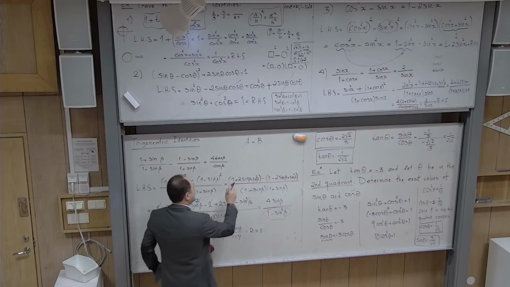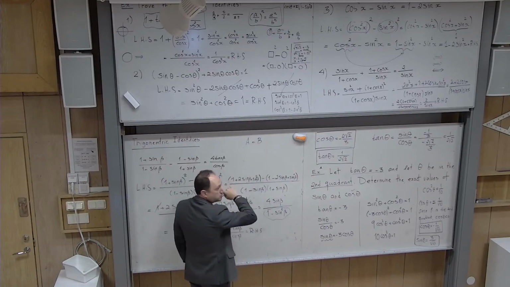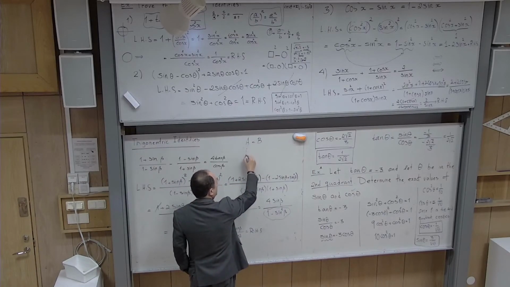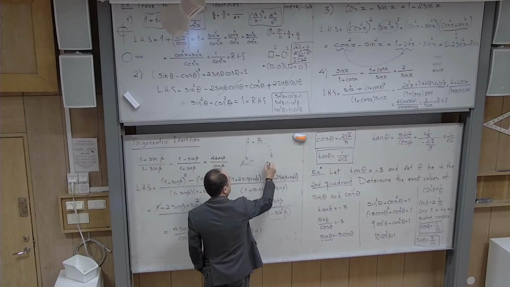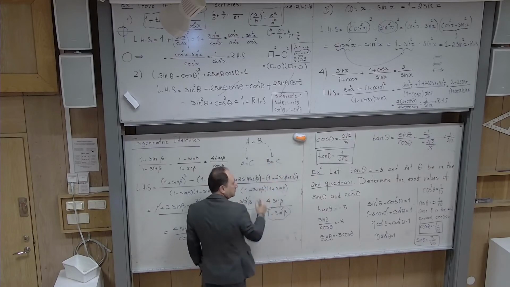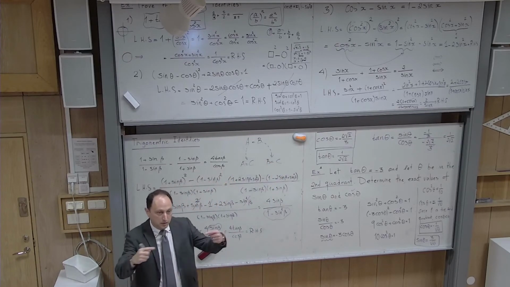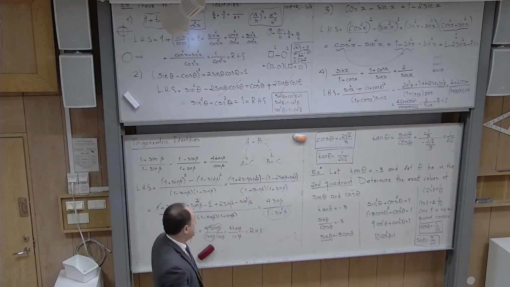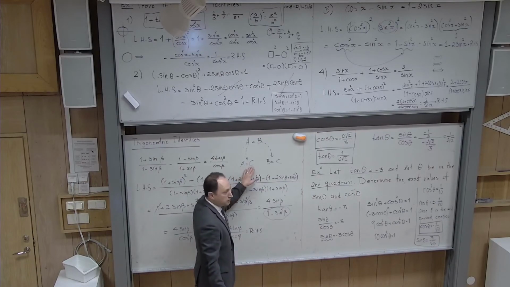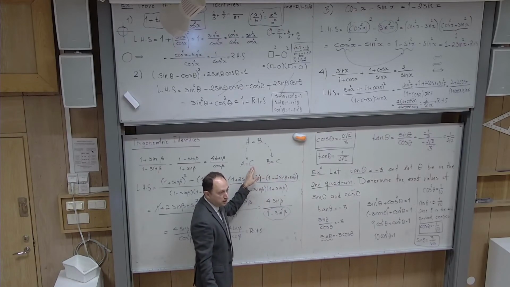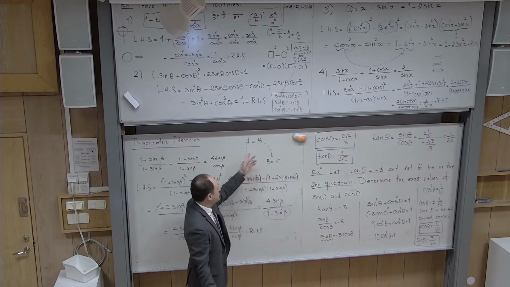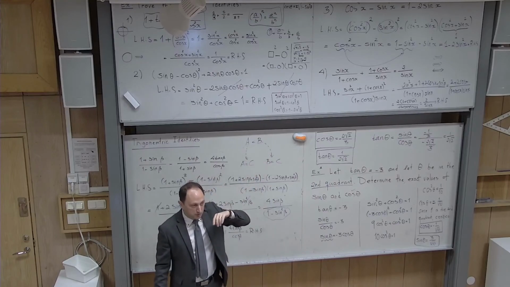So in those cases, instead of proving that A is equal to B, you can simplify this and prove that A is equal to C. You can simplify that and prove that B is equal to C. Instead of proving that A and B are directly equal, you can prove that A is equal to another quantity C, but B is also equal to that quantity C. If you succeed to do that, of course it is true that A has to be equal to B.